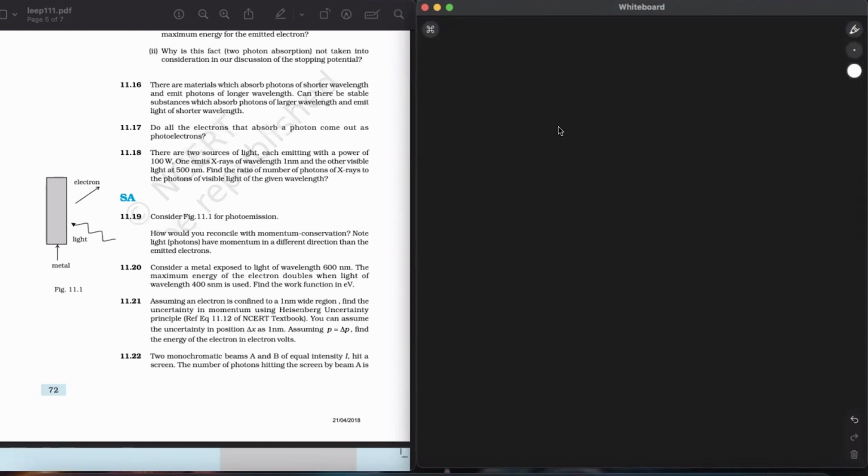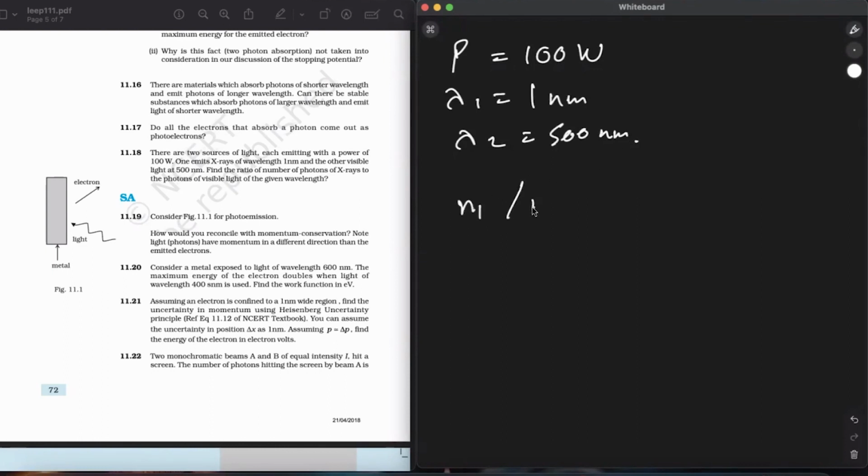So what has been given to us? Power has been given as 100 watt. Lambda 1 is 1 nanometer and lambda 2 is 500 nanometer. I'll write N1 by N2 as the number of photons of X-rays and visible light. N1 is the number of photons for X-rays, N2 is the number of photons for visible light.